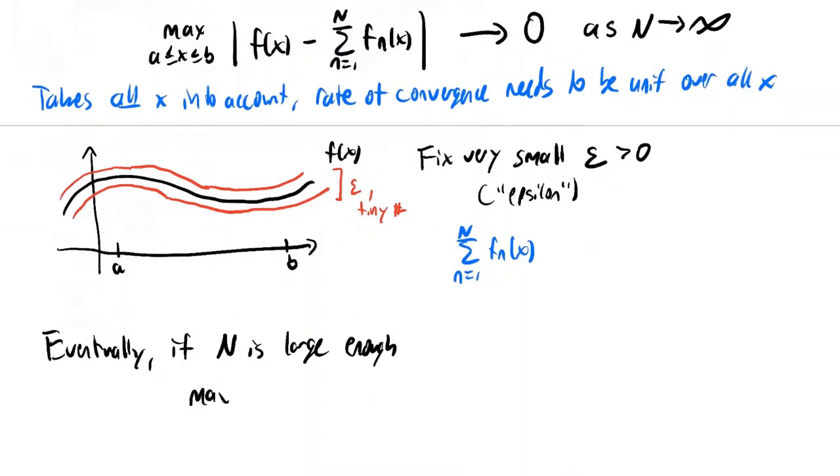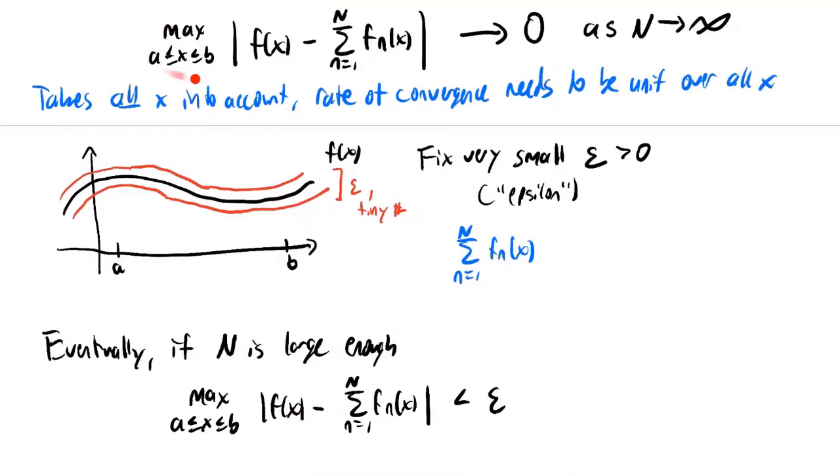So you need the max over x between a and b of f of x minus this sequence of partial sums to be less than epsilon once n is big enough. Since I'm letting n go to infinity, what does it mean that this quantity converges to 0? It means that given any tiny number you want, eventually, if n is large enough, this whole quantity has to be smaller than that number.